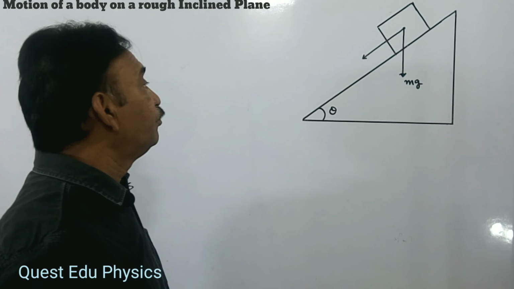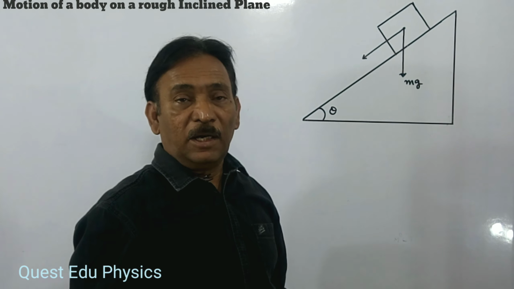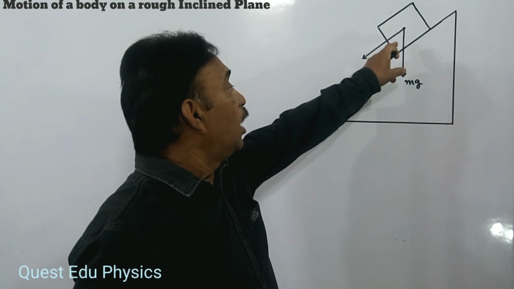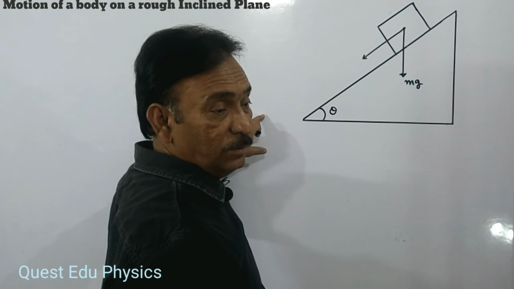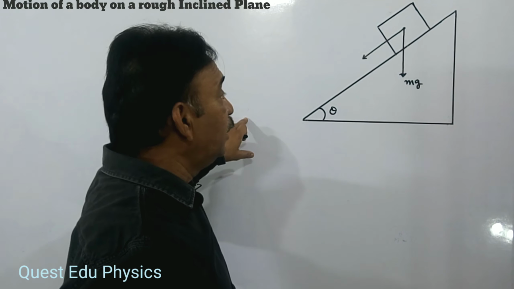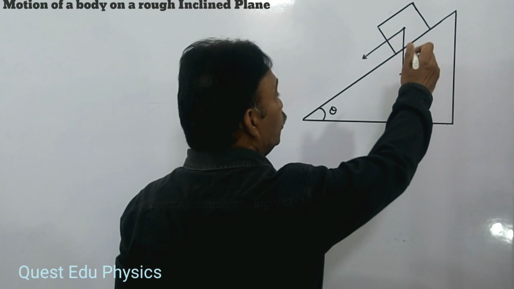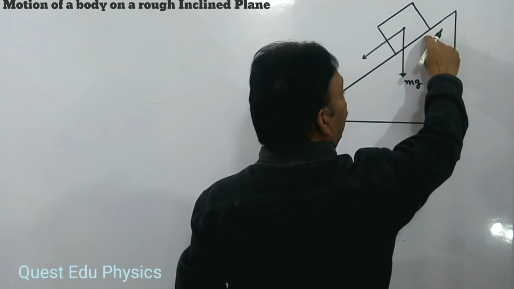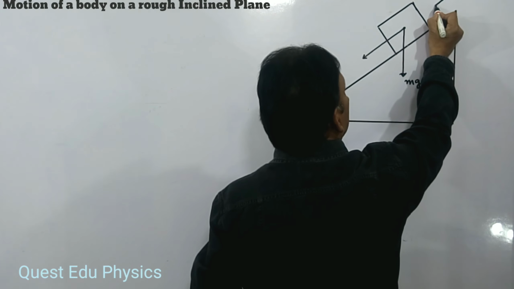And you know that when a body is kept over a rough inclined plane, it experiences a force which is opposite to the direction of the motion. Let's say the motion begins in this direction. The body is accelerating in this direction. Immediately a force will develop which acts in the opposite direction to the motion of the body. It acts along the line joining the contact of the bodies. By transposing, we are writing it like this.